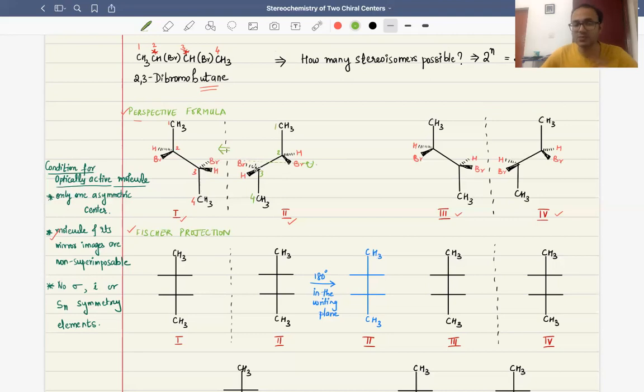So that is why I am saying that these two are superimposable on each other.